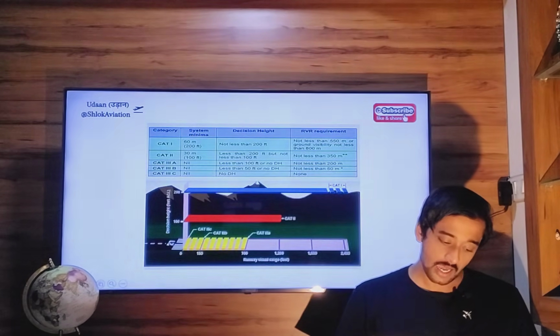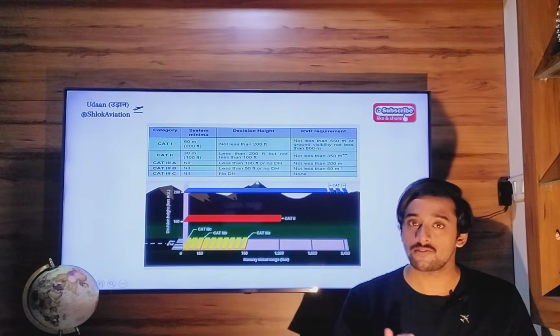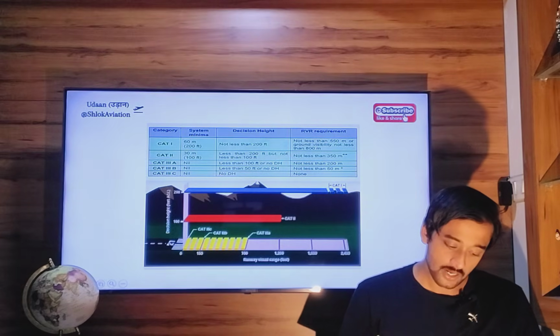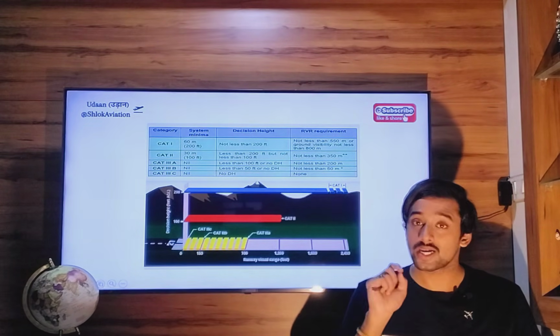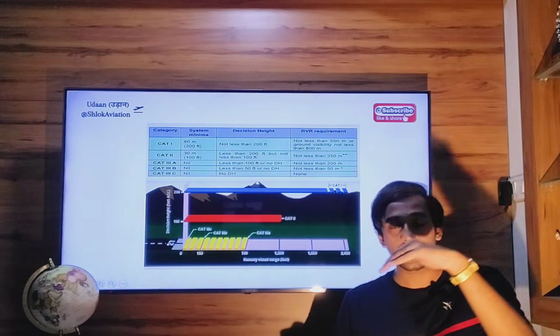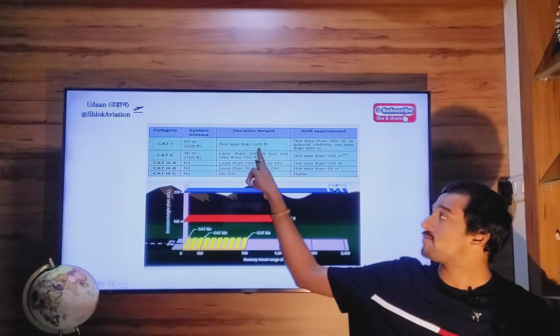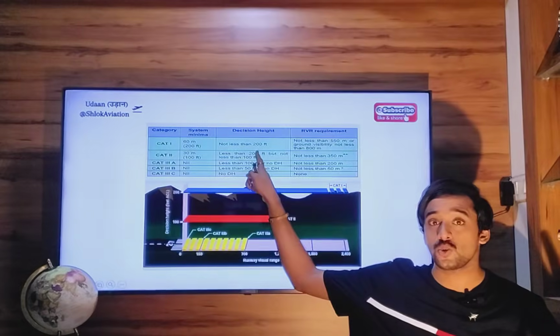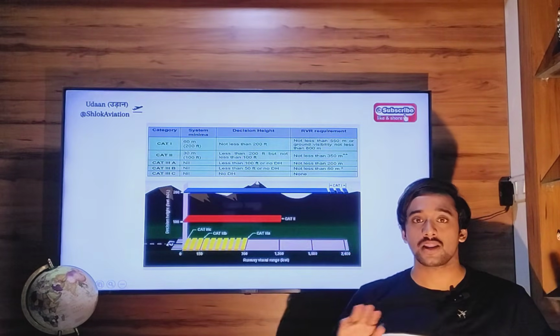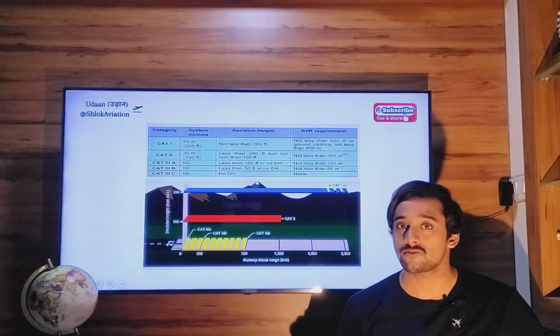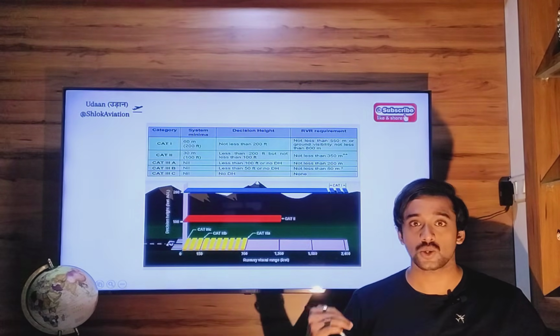Now, a Cat 1 ILS system, a system which is qualified for Cat 1, will provide vertical guidance up to 200 feet above the surface. Beyond that, below 200 feet, it is not reliable and cannot provide accurate vertical guidance. So the maximum limit is 200 feet.